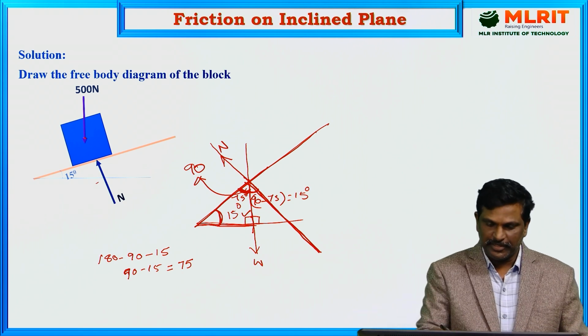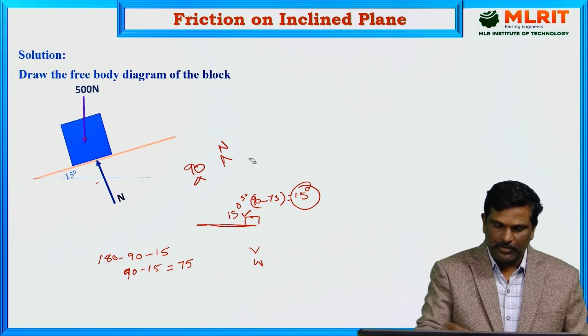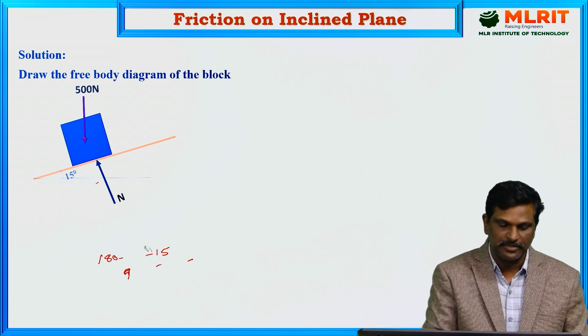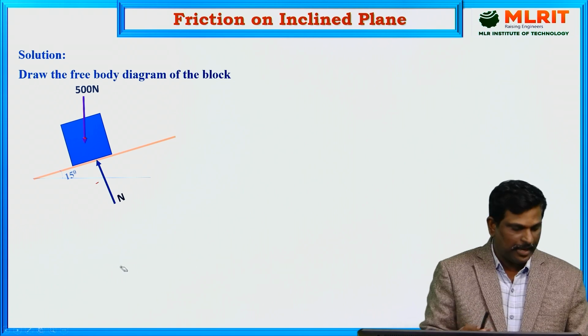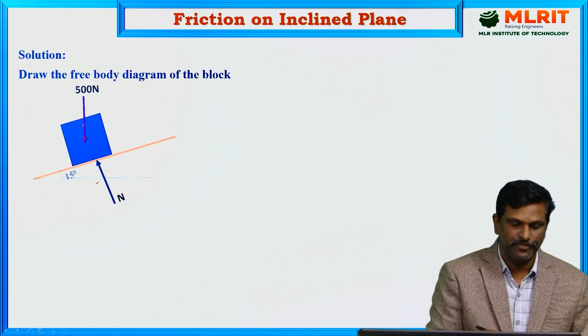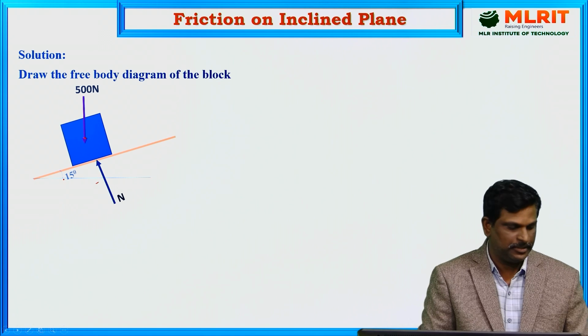In this way we can calculate the angle, or otherwise we can take it directly. By practice we can take it directly: the angle between the weight and normal reaction will be equal to the angle of the plane, 15 degrees.